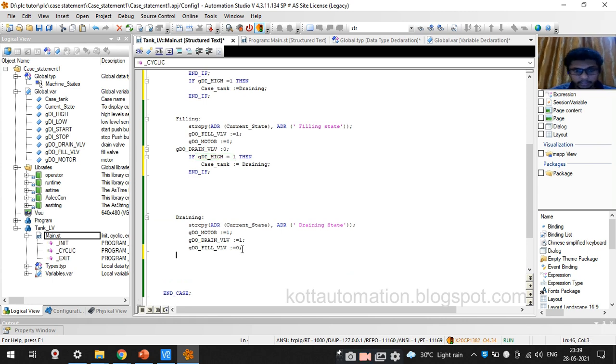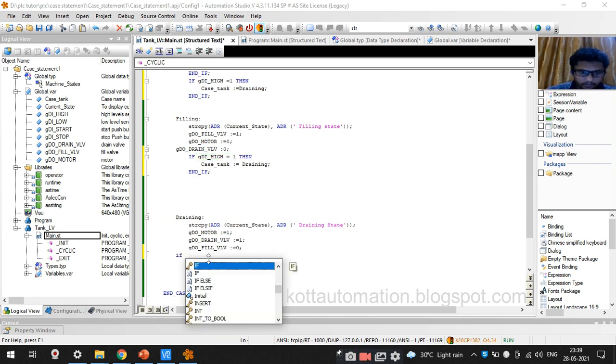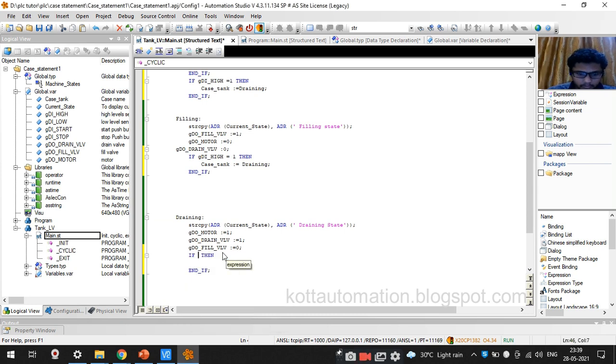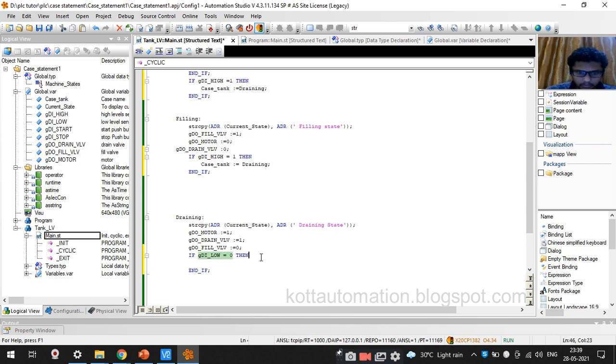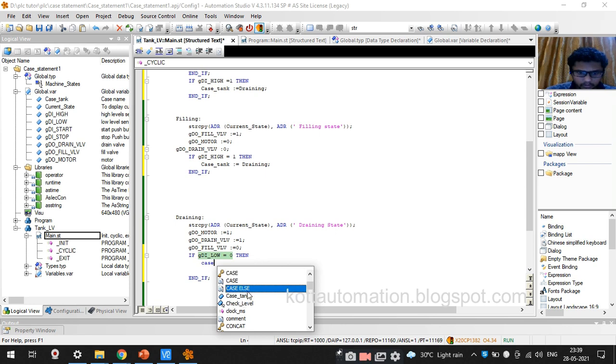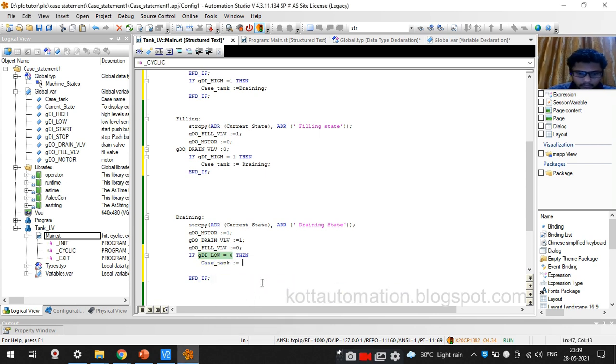Similarly, during draining, if our level becomes less than the level sensor zero, then go to the filling state.